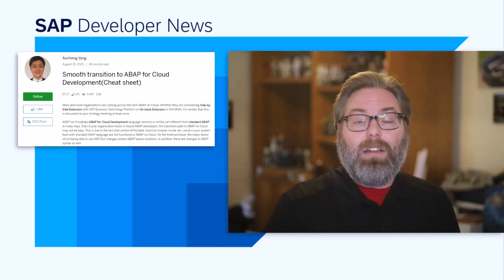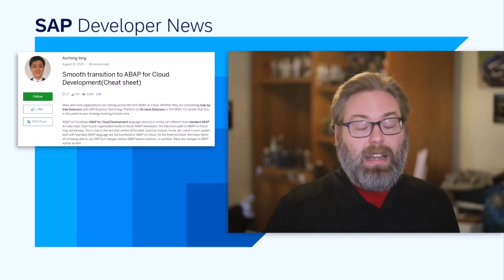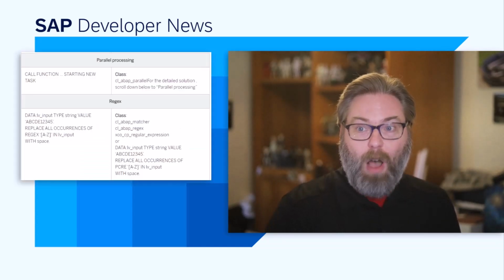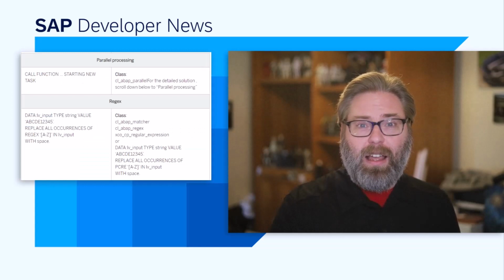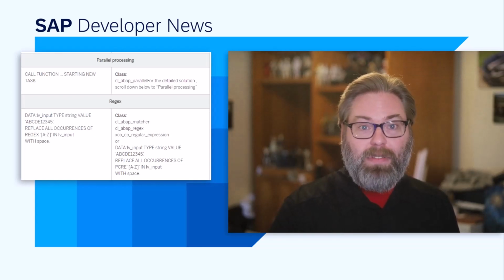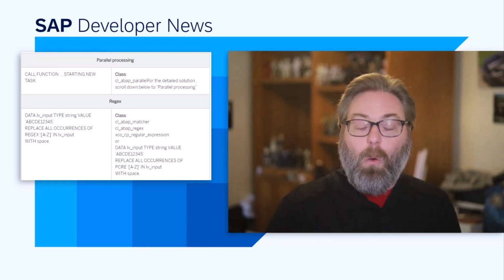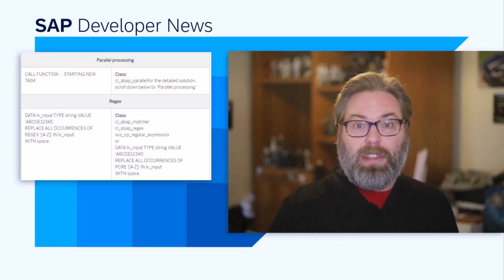Now, he's done a great job of collecting a ton of resources about how to transition concepts from your current ABAP to ABAP Cloud. He's done a nice little table that maps many of these concepts, whether they're tables and views or common function modules, classes, or just general concepts or approaches to things.